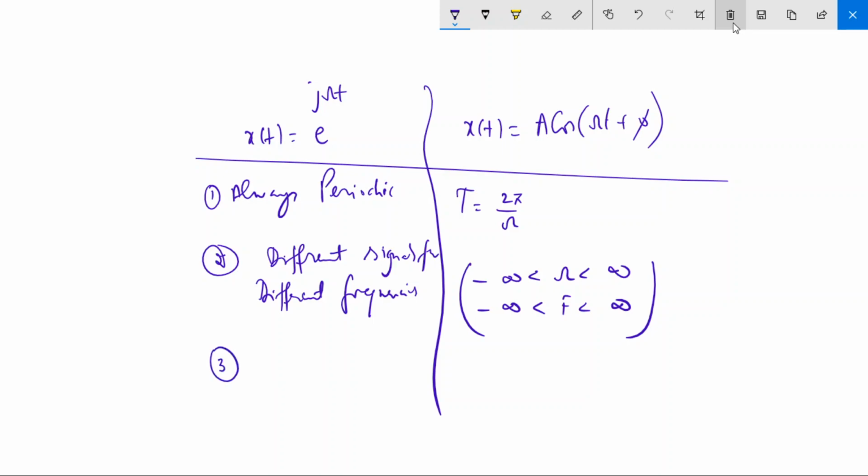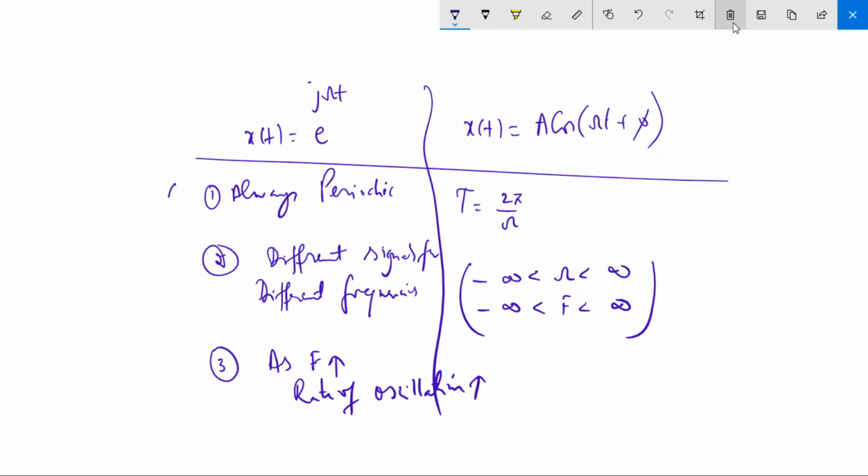The third is that as the frequency increases, the rate of oscillation increases. It means higher frequency signals will have more oscillations.